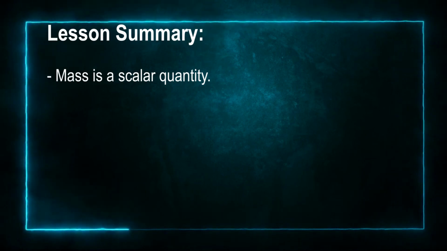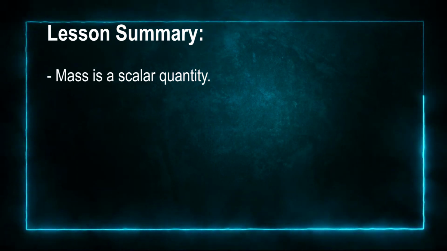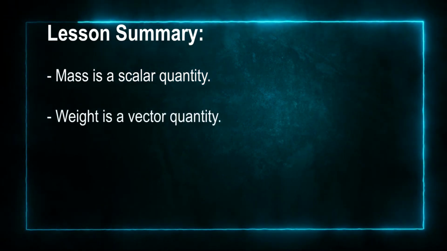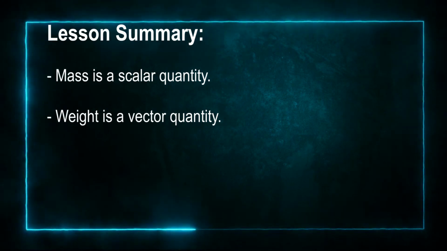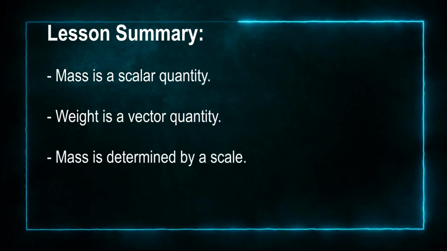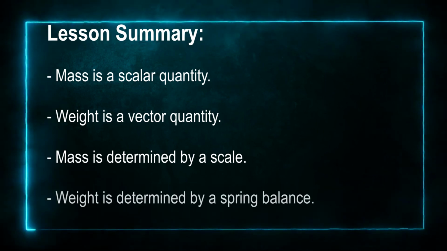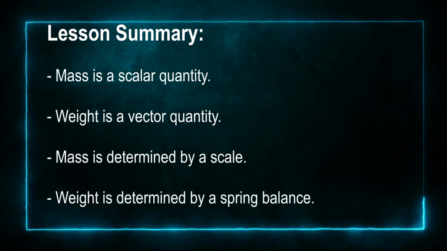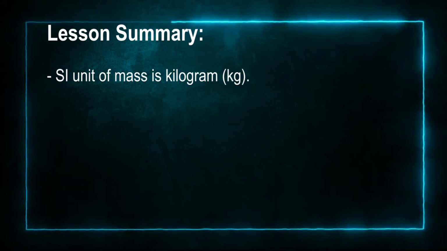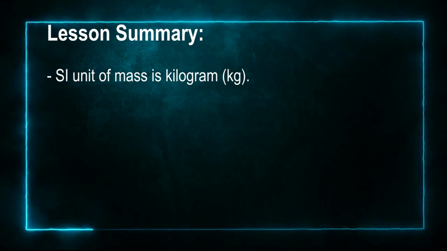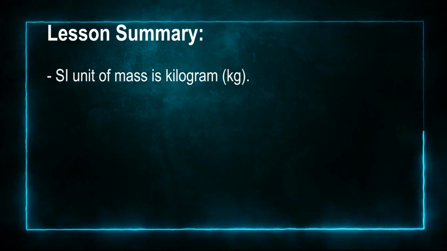Mass is a scalar quantity, meaning it has no direction. Weight is a vector quantity having direction. Mass can be determined by a scale, while weight is determined by a spring balance. The SI unit of mass is kilogram and that of weight is Newton.